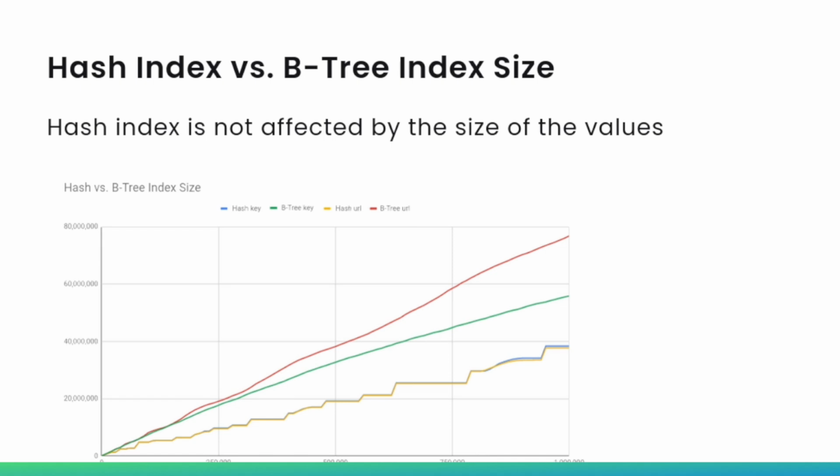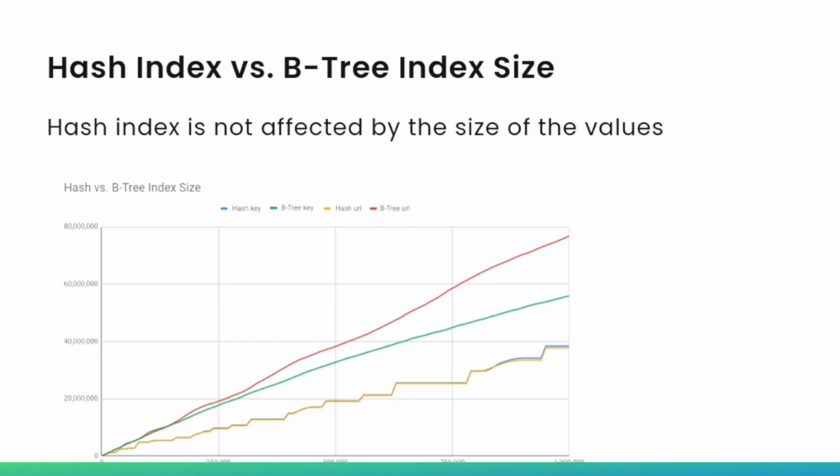So if you look at the red line, you'll see that the B-tree on the URL, as we insert more rows into the table, the size of the B-tree of the URL becomes very, very big. You can also see that compared to the green line, which is the B-tree on the key column, which is the smaller piece of text, the B-tree on the key grows, but it grows at a slower pace than the B-tree on the URL.